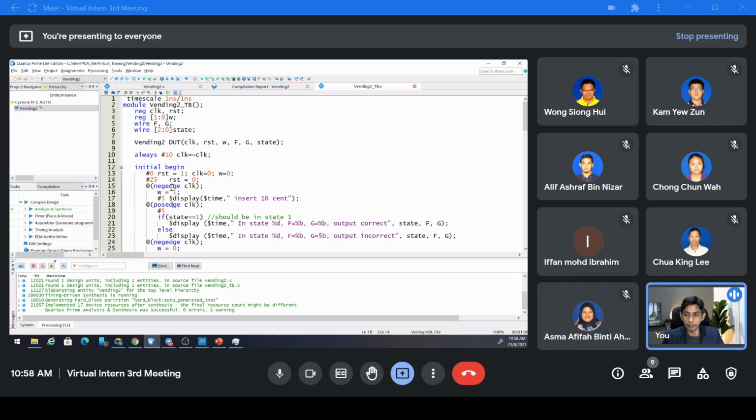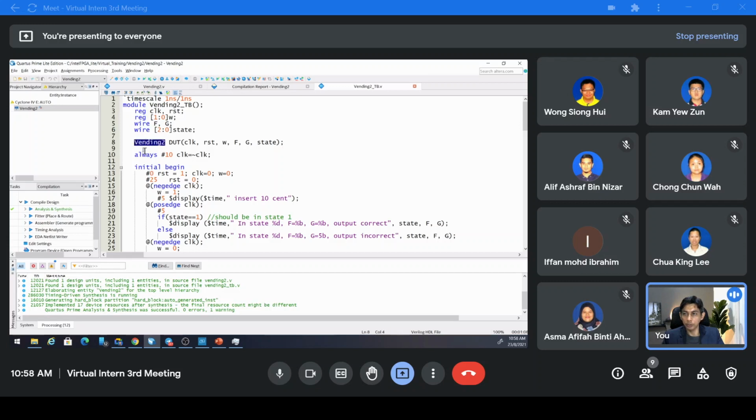At negative edge clock, what we want to do. At positive edge clock, what we want to do. All right, so again, in the Testbench, you need to have the time scale, your module, and your input output. You need to instantiate your design.